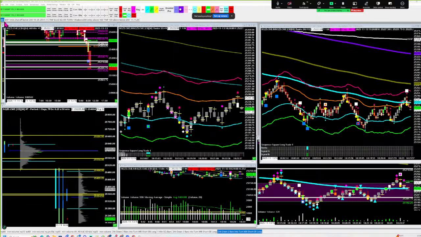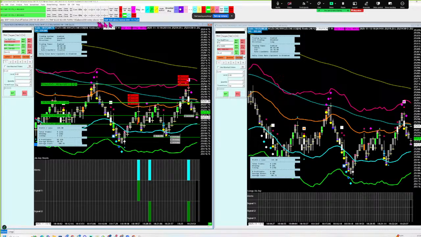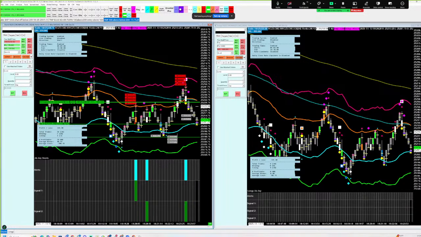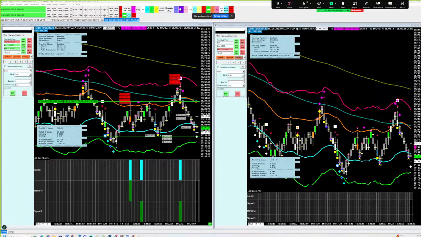That should not have fired short. Oh, it did. Because it's under the 100 and 200 still. Got it. That should be scale 1. We'll see if we can get scale 2 out of that. Scale 3. Scale 3. Back up 419.